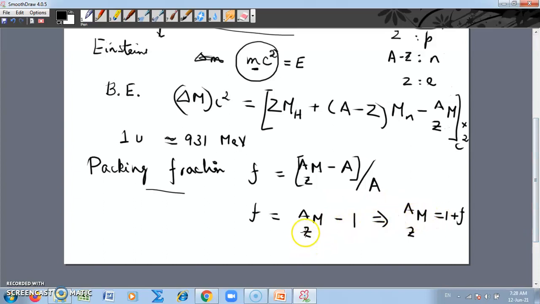Now this quantity, this is said to be the mass excess.